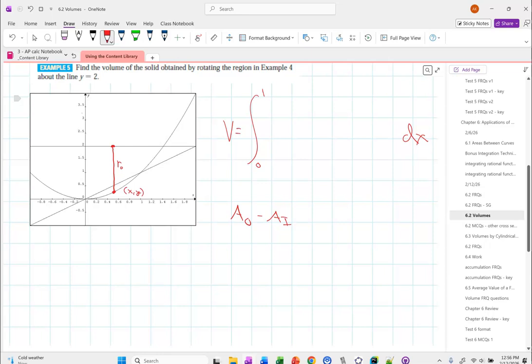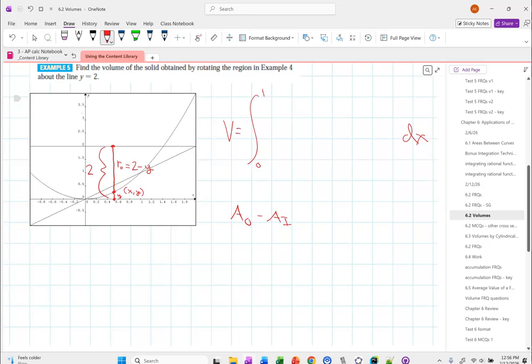On that function. So this distance down here is y, right? And this whole piece here was the distance from 0 to 2. So that's 2. So our outer radius should be 2 minus y. Is everybody okay there?